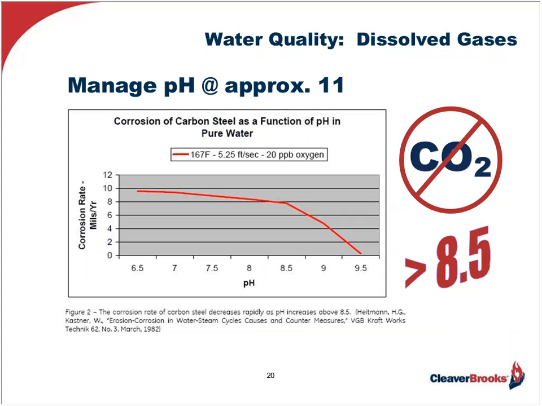As you can see on the slide, the pH needs to be above 8.5 to inhibit corrosion, and many chemical experts recommend the pH between 9 and 12.5, with boilers operating between 0 and 300 pounds, which is what we're talking about today. And I've seen where a pH of 11 seems to be the most common target.